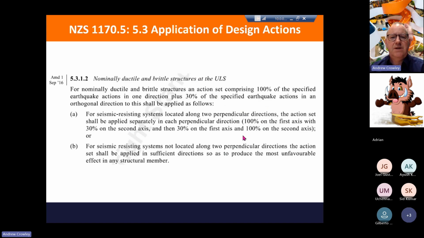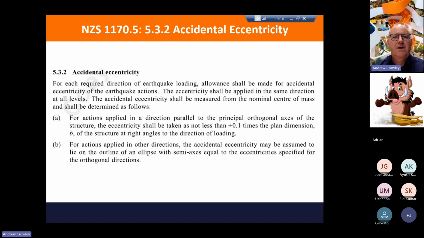If you're doing a simple analysis, an equivalent static analysis, we can apply our loading as 100% in one direction plus 30% in the other direction. And this is for a nominally ductile or a brittle structure. So this is usually low ductility structures you're looking at. However, you've also got to consider accidental eccentricity.